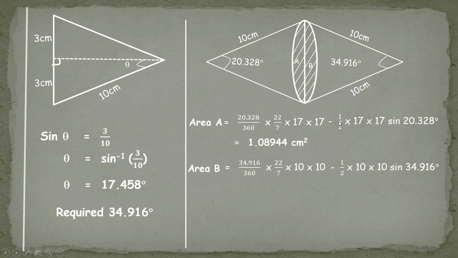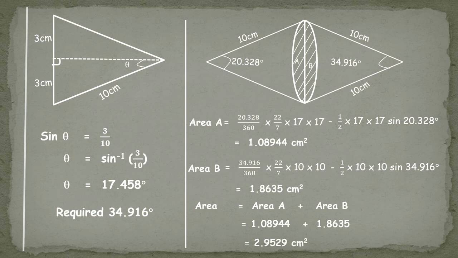We now get that value as 1.8635 centimeters squared, meaning that the overall area will be area A plus area B, and that gives us our area as 2.9529 centimeters squared.